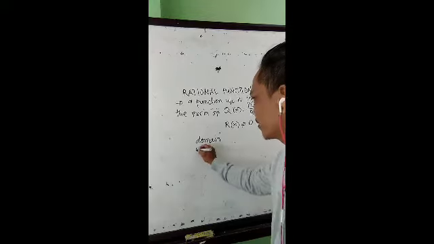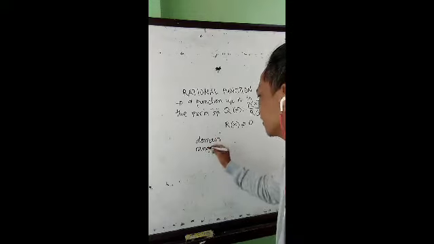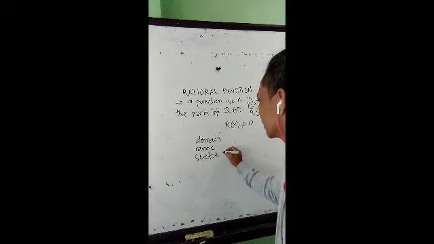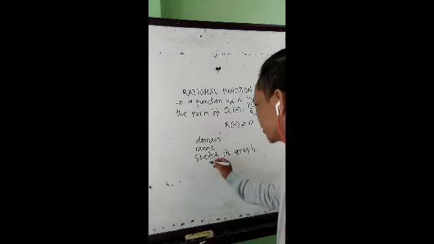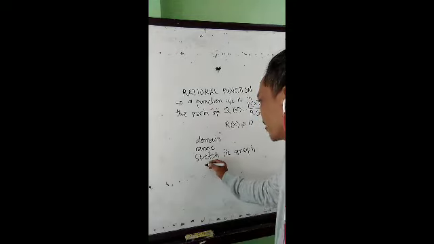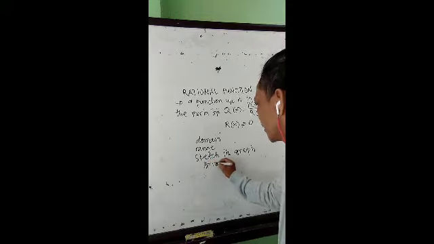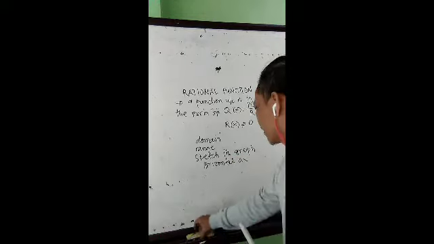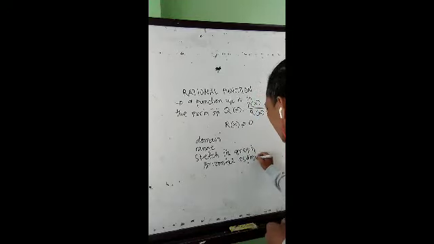We will also find the range. And after this, we will sketch its graph. Now, in sketching its graph, we have to locate first the following: the horizontal asymptote.